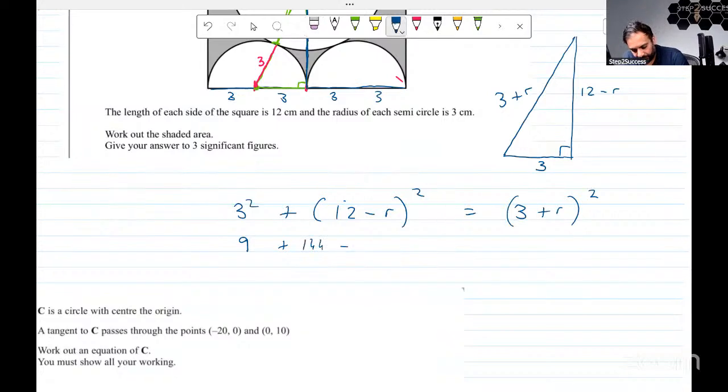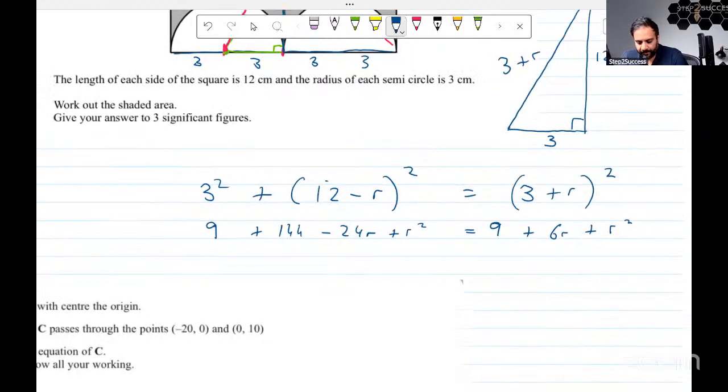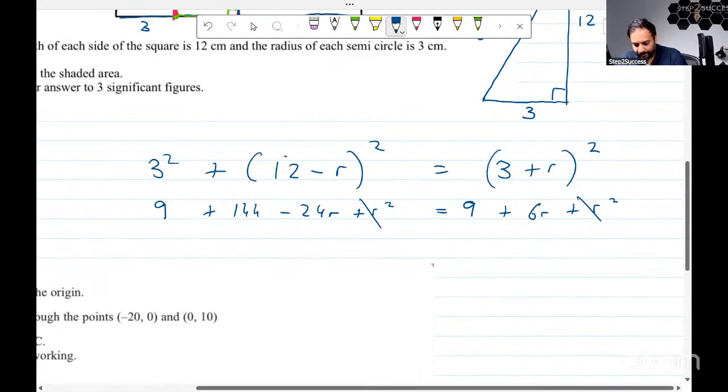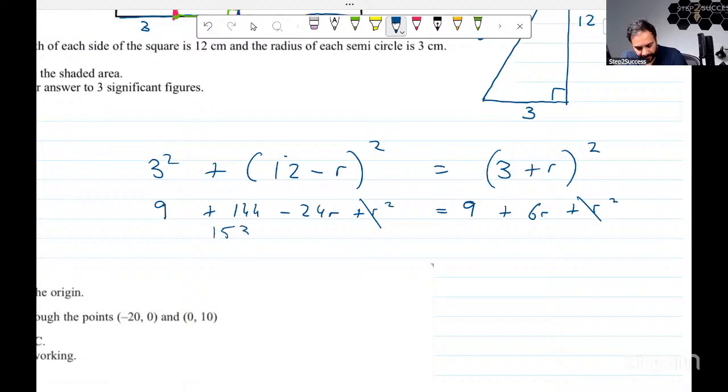It's 144 minus 24r plus r squared equals, expand the same thing, 9 plus 6r plus r squared. Okay, the r squareds can cancel out, which is nice. 144 plus 9 here is 153.